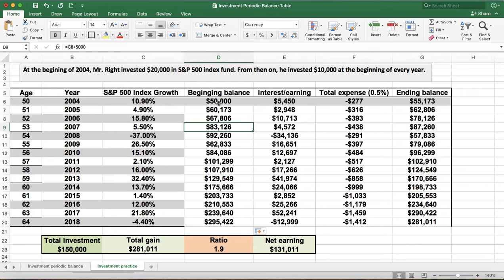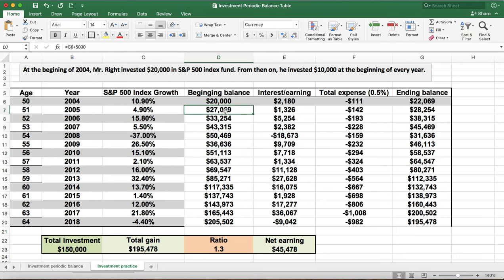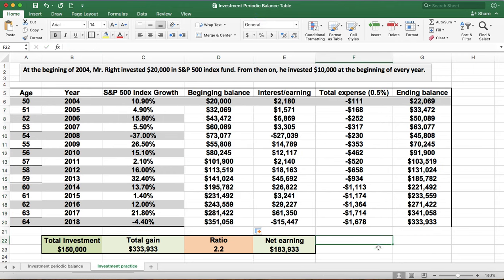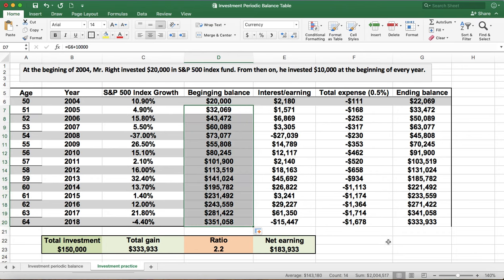Okay, let's go back to the original value here, and then here. Go back to the original one. Double click. Okay. 20,000. This is 10,000. Double click. Okay.